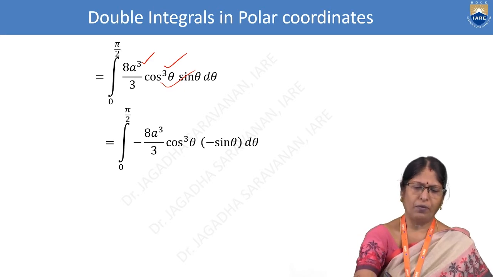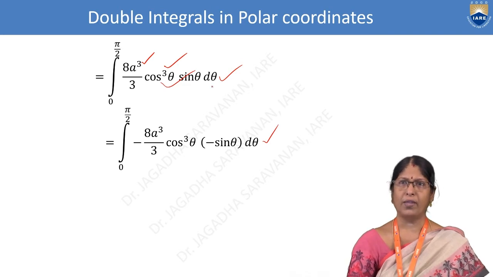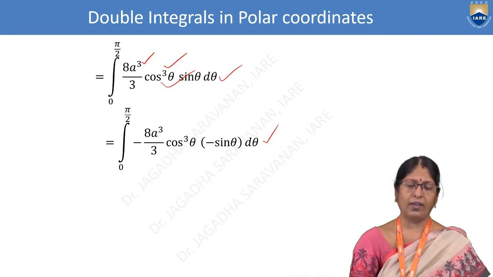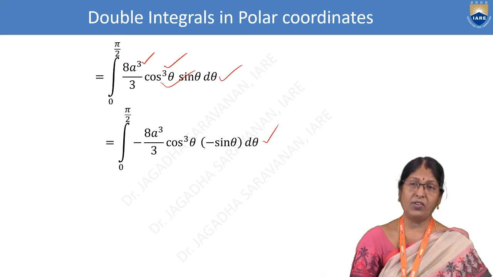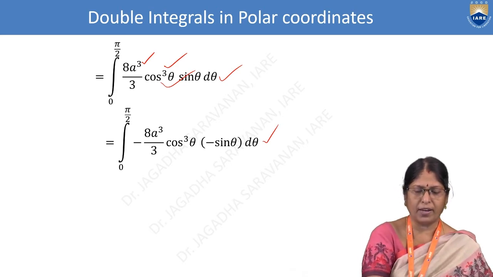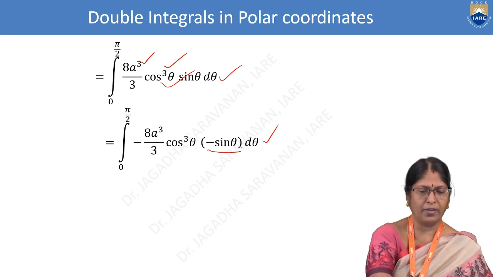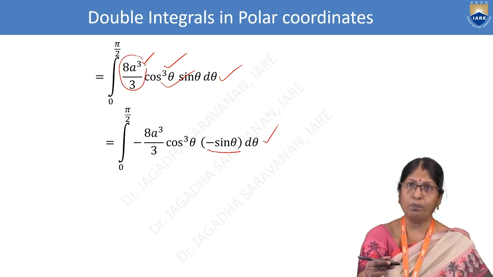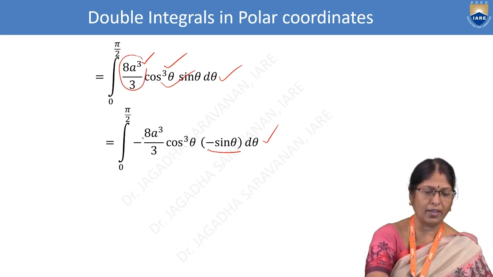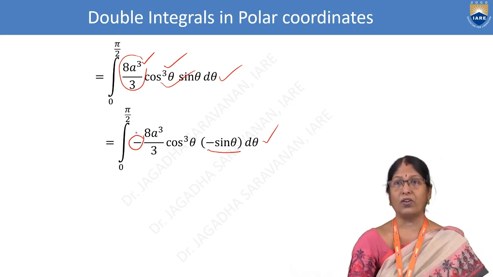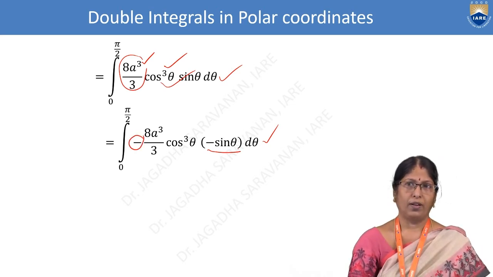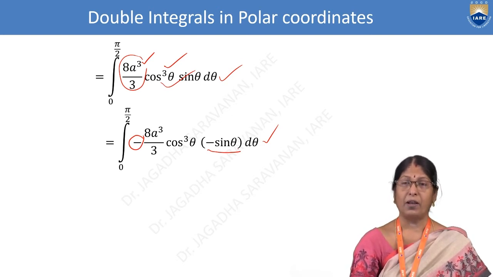Now, if you compare the previous step and this step, suddenly here sin theta is there, but here it has become minus sin theta. And here 8a cube by 3 is there, suddenly here one minus is introduced. How suddenly? Mathematically, is it correct?